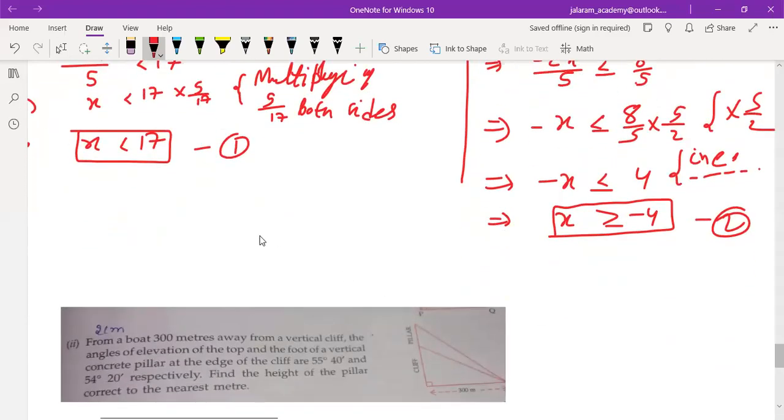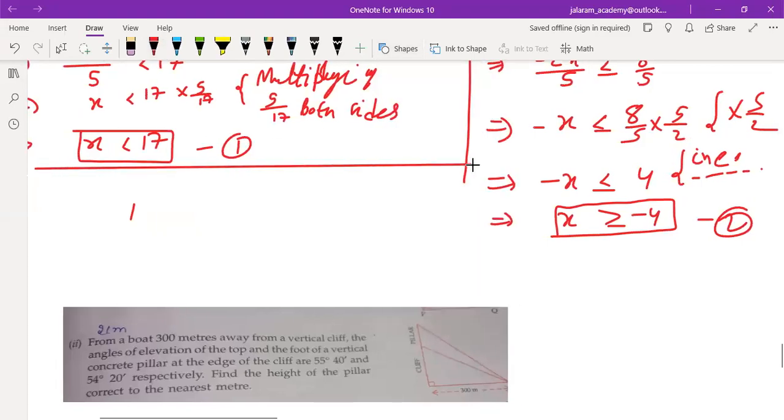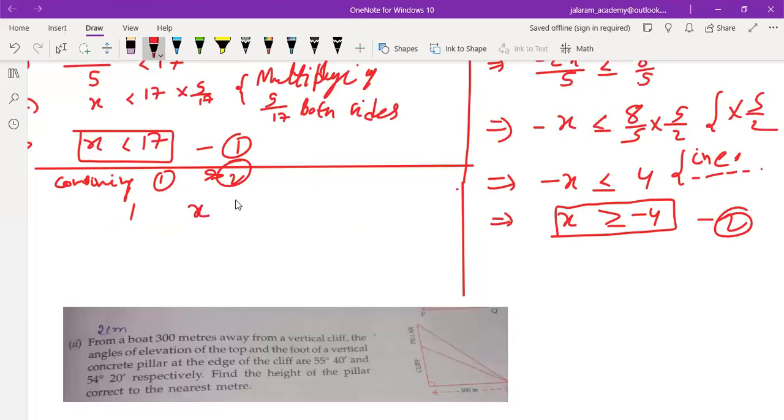Now combining 1 and 2, what do we get? We get x lies between minus 4 to 17.